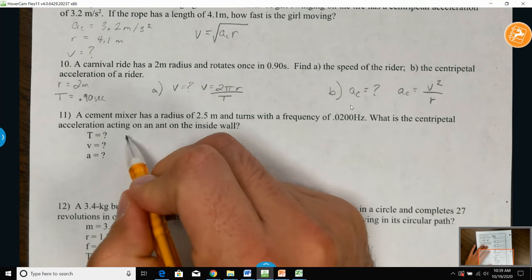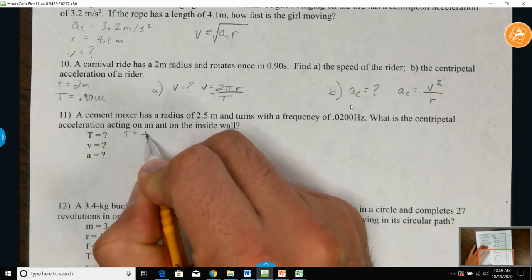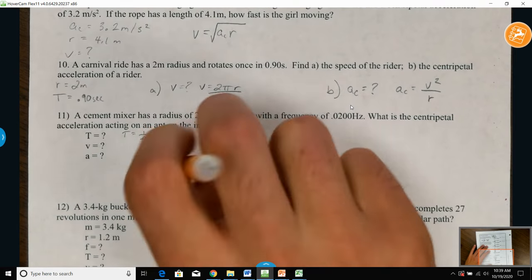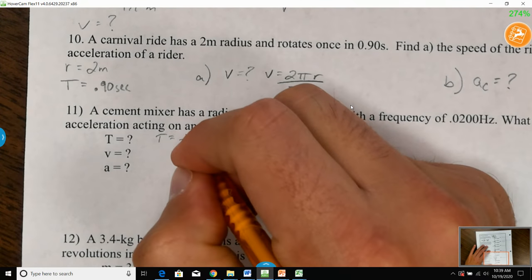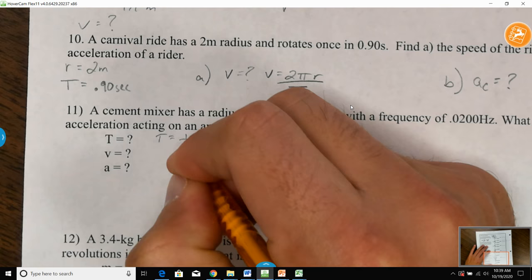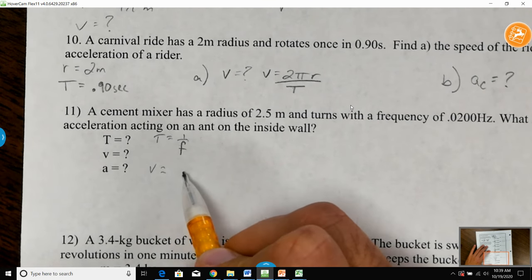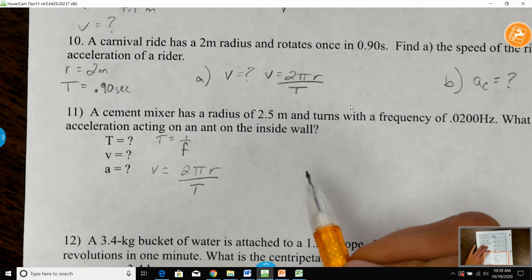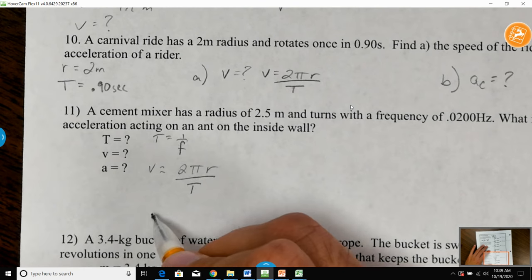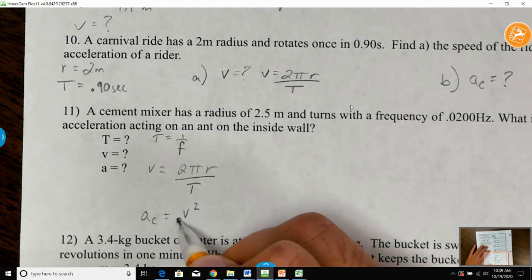If you solve for the period, capital T is equal to 1 over the frequency, F. Once you solve for T, then you can solve for V, and once you solve for V, then you can solve for A.